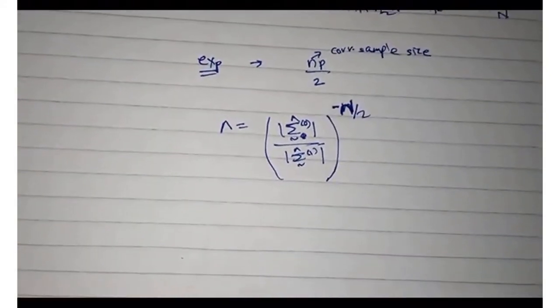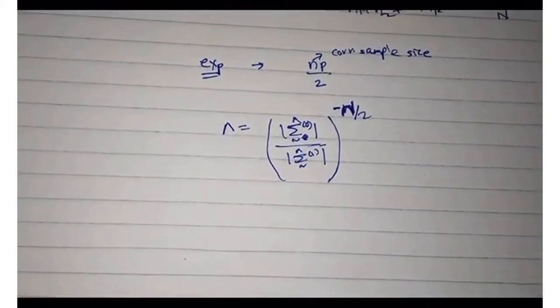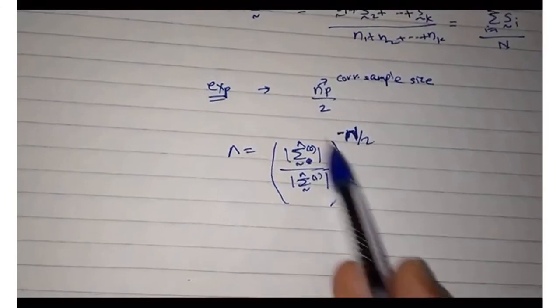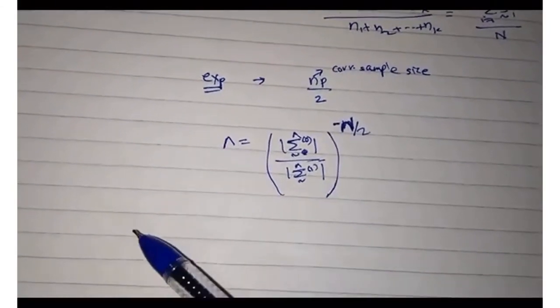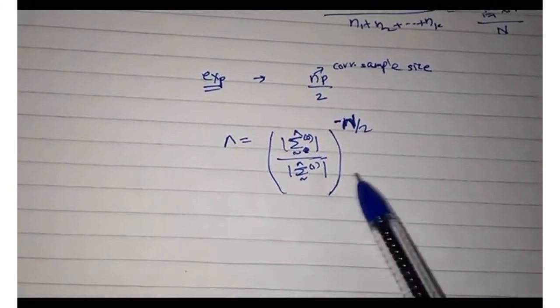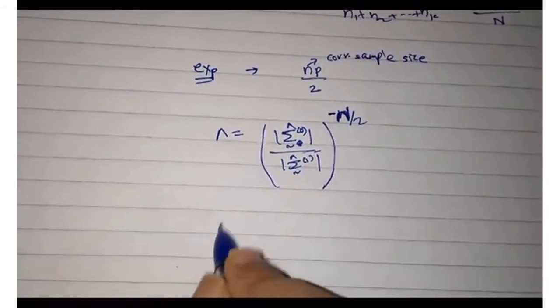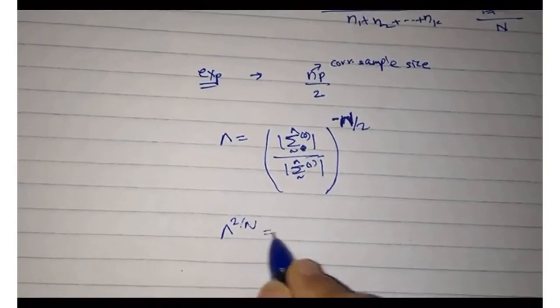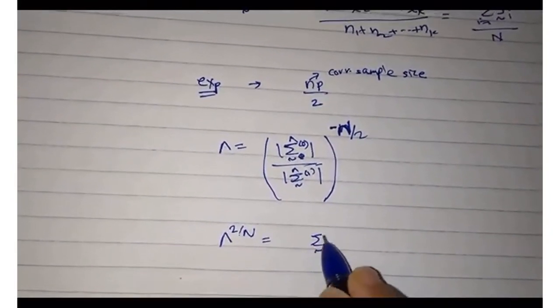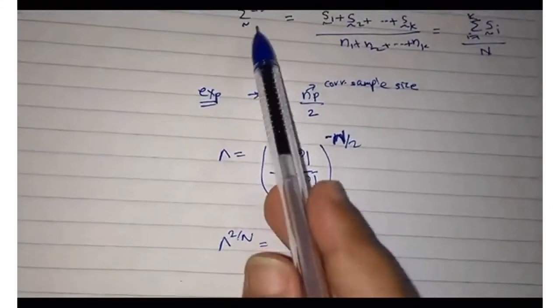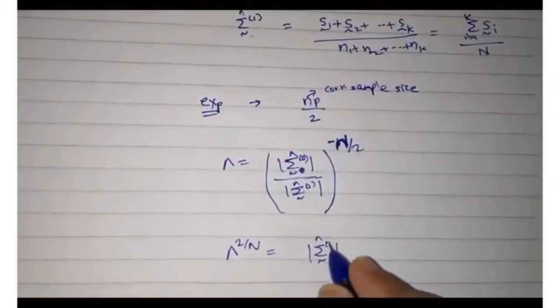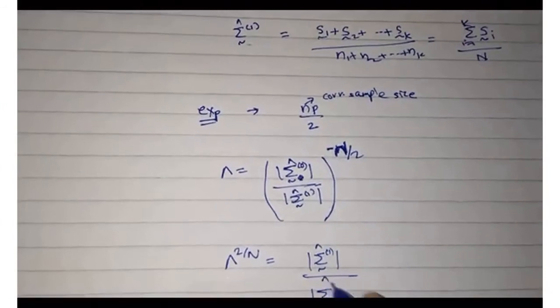Again, you can compare this with the likelihood ratio test for a single mean, and it would be clear to you why this happens. As a result, my test statistic can be slightly modified as overall sigma hat, which I wrote here, upon sigma naught hat.